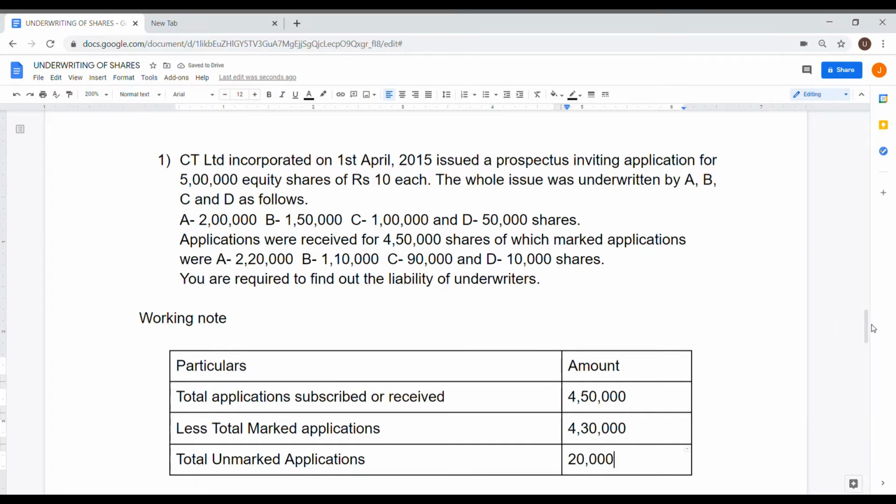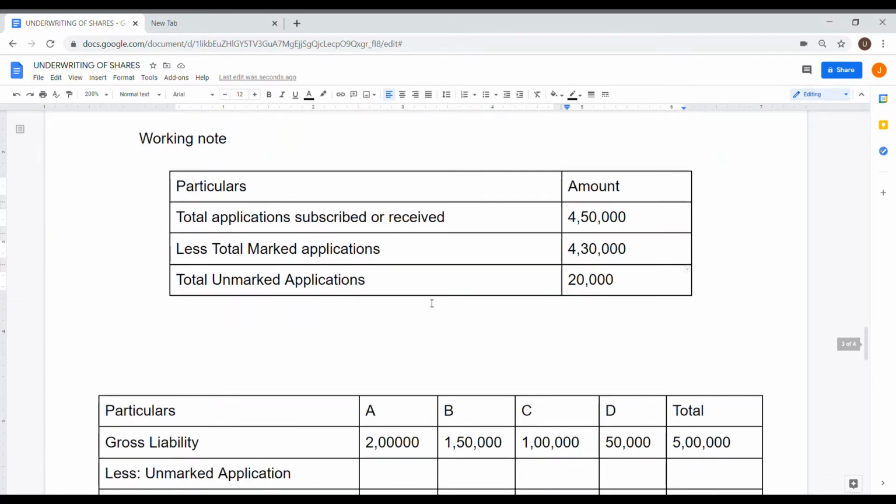Now, how to divide this unmarked application among our underwriters? That should be done in the ratio of gross liability. So it is 2 lakh, 1 lakh 50,000, 1 lakh, and 50,000.